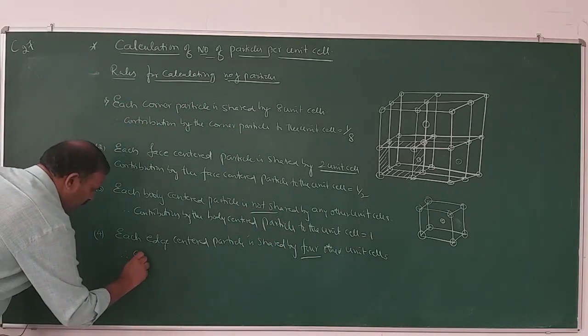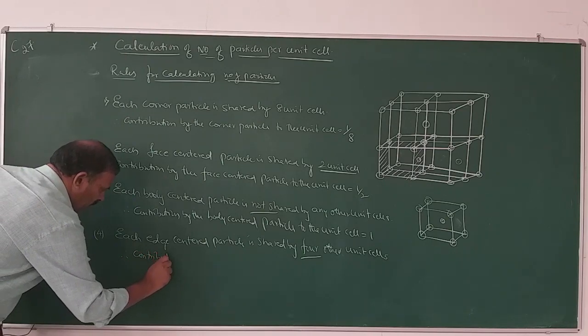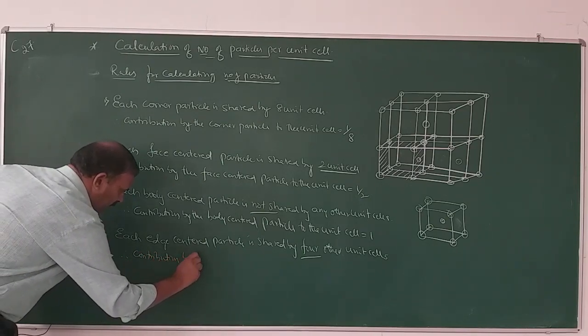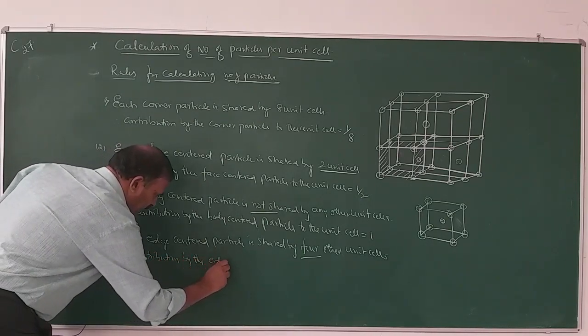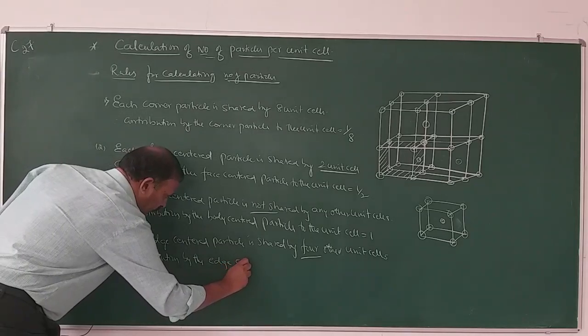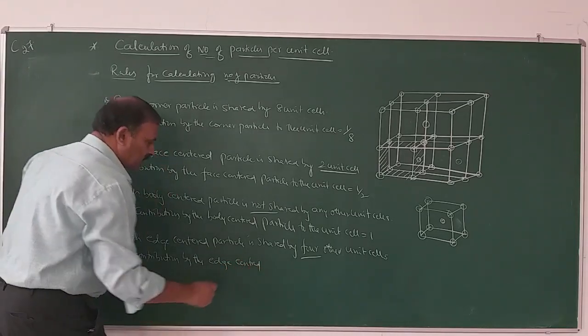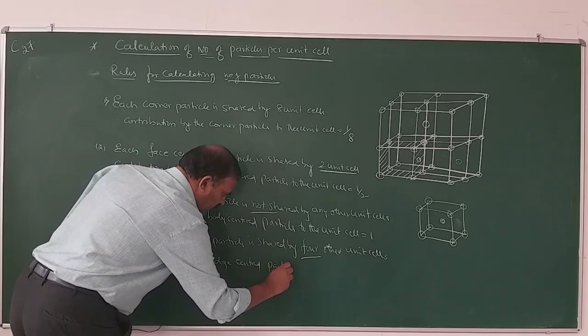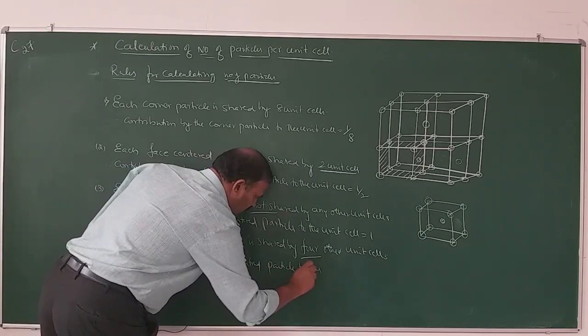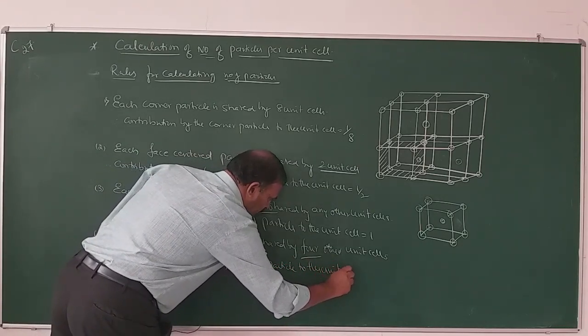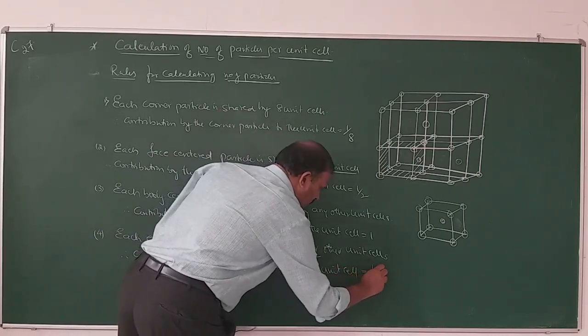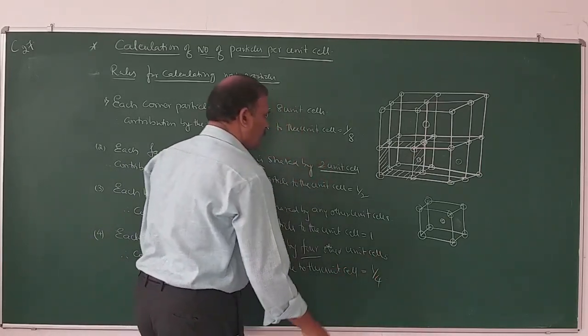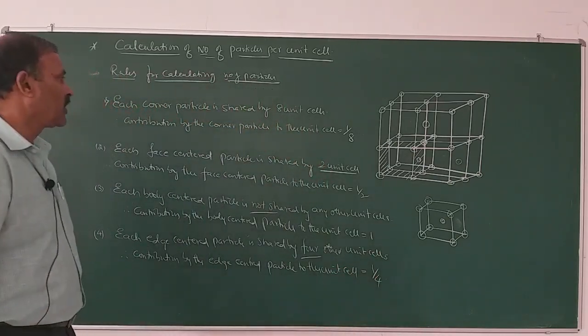Therefore, contribution by the edge-centered particle to the unit cell equals 1 by 4.